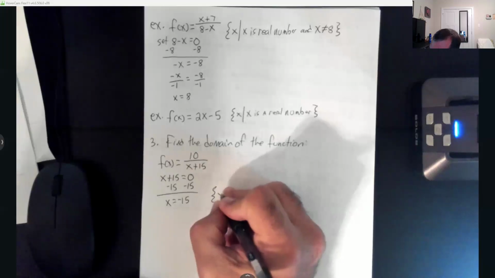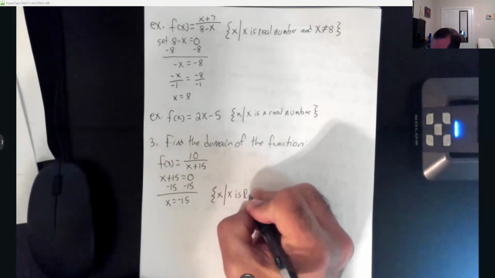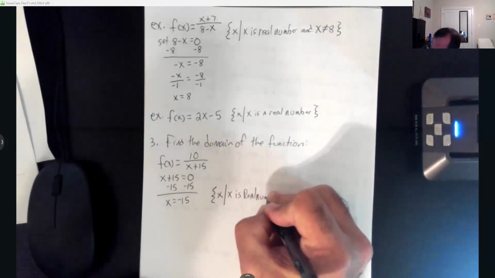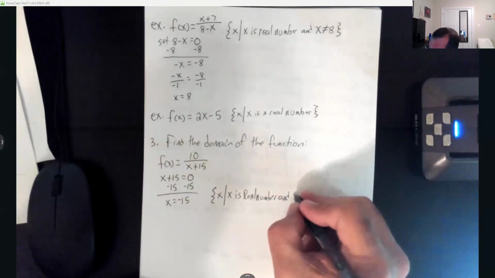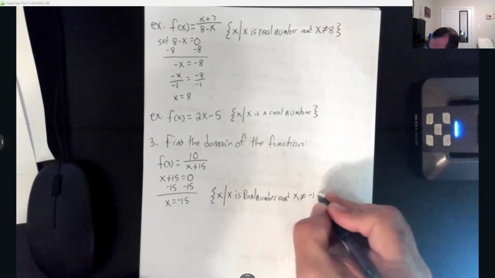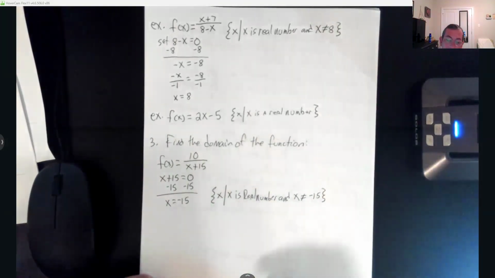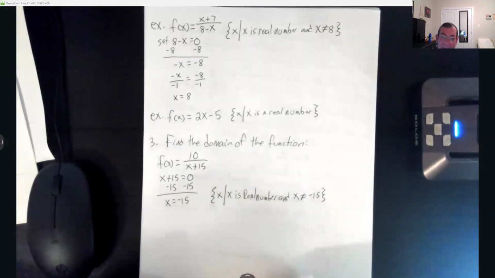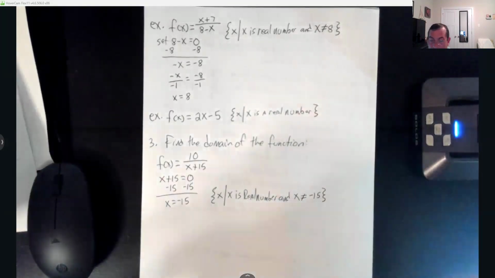So let's say x such that x is a real number and x cannot equal what we get, -15. Now this one they give y'all A, B, C, D answers in this section, so it's pretty much multiple choice on these questions. Okay.